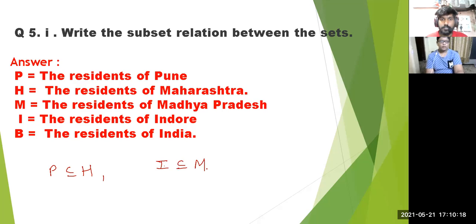Okay. P is a subset of B. Is this what you said? Yes, sir. Okay. I is a subset of B, and all the sets. Okay, so I is a subset.